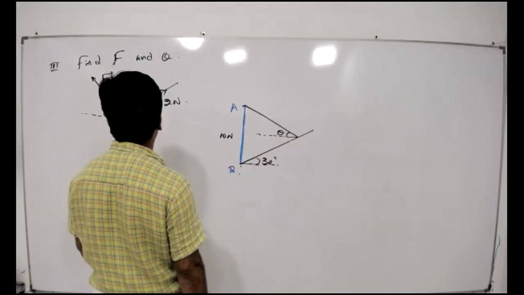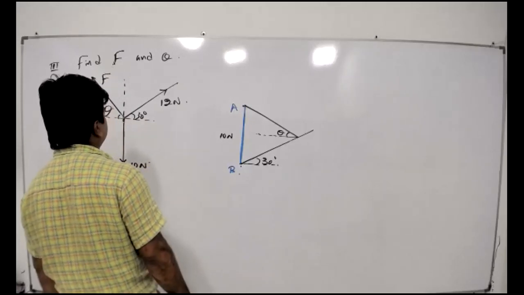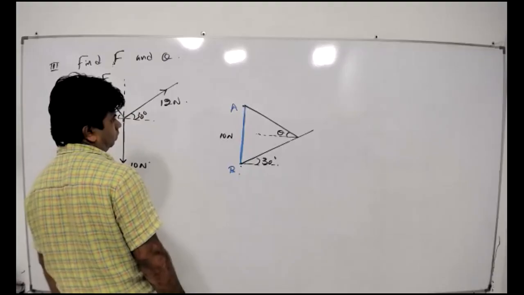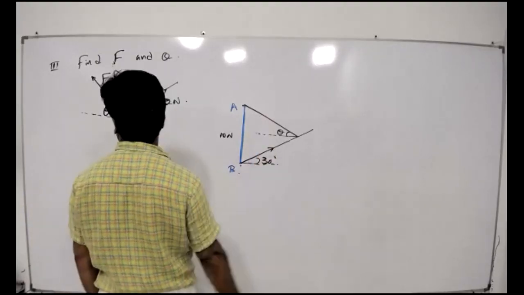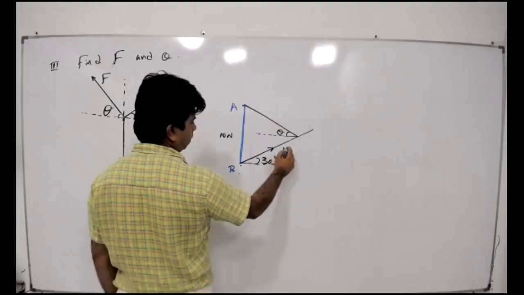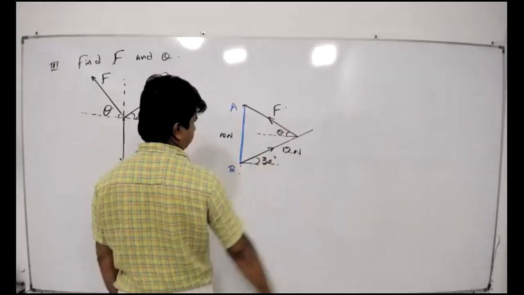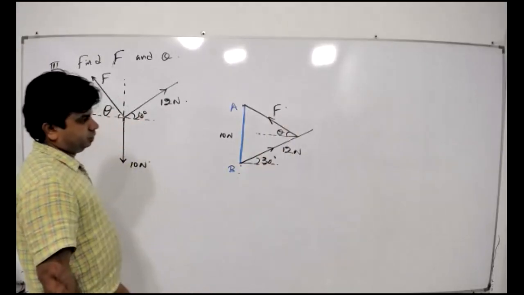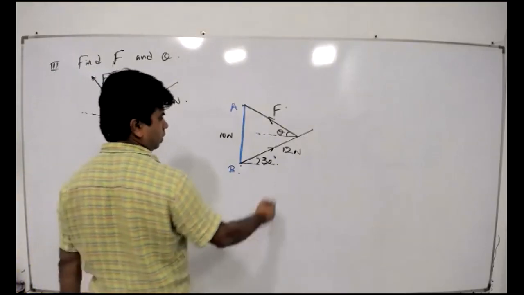Then yeah, then this is 12 and this is F. Okay? That is F. Then how do you solve for this theta and F?